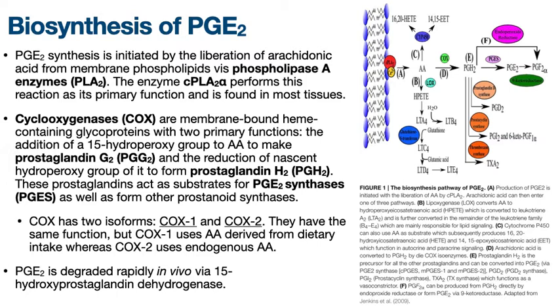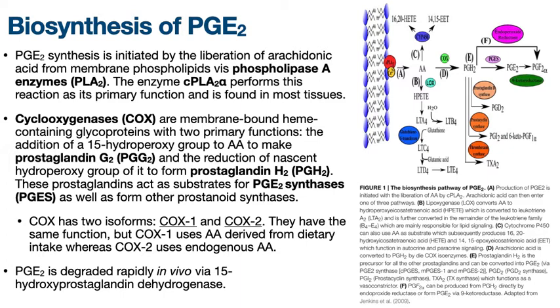So we get prostaglandin G2 and H2, but that's not what we want. We want E2. Well, these two prostaglandins, G2 and H2, are substrates that are used in the synthesis of PGE2 from PGE2 synthases.